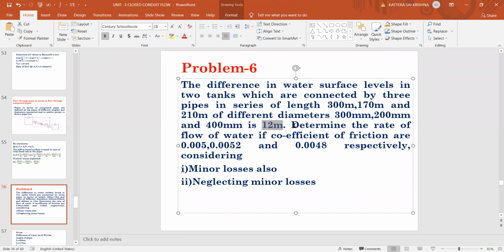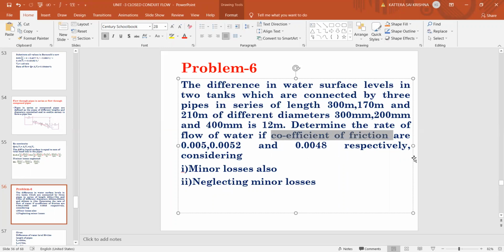Right. So what is asked to find? Determine the rate of flow. He's asking to find the discharge of water if the coefficient of friction, that is the F value, is 0.005, 0.0052 and 0.0048 respectively. So for the 3 pipe sections, he has given 3 different friction factors.